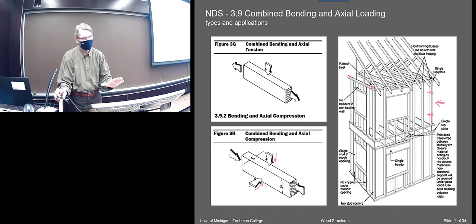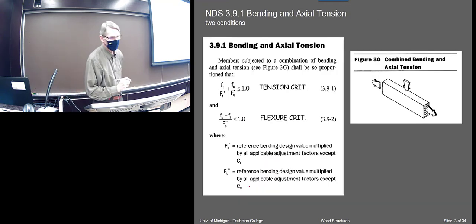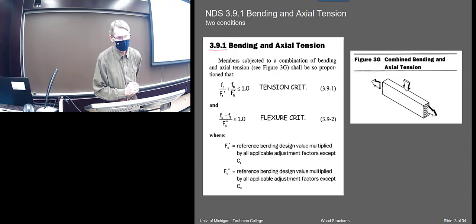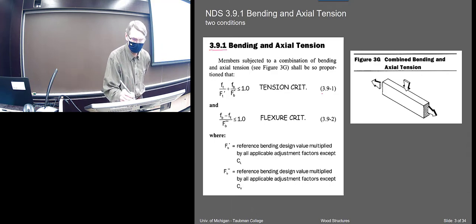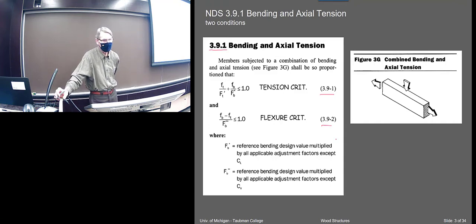So this is what we're talking about here. In 3.9.1, they talk about tension, and there are two cases, scenarios or something, that you could have with tension and flexure.